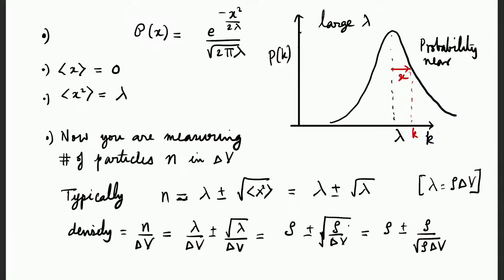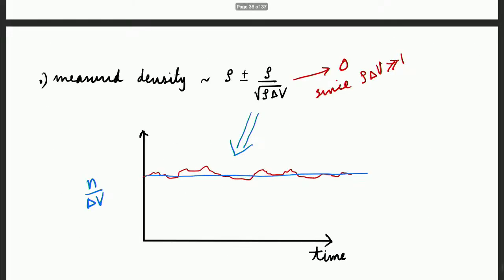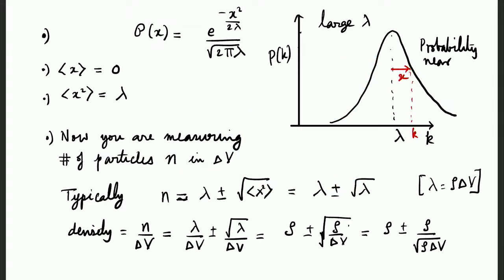So once we do the calculation, this is what we are going to get every time we measure density. But we just decided that if rho delta V in any measurement we do is an extremely large number, but it comes in the denominator, then this number is almost 0.